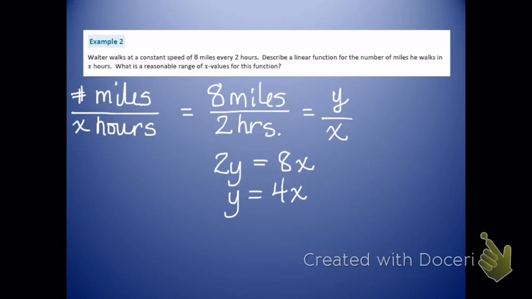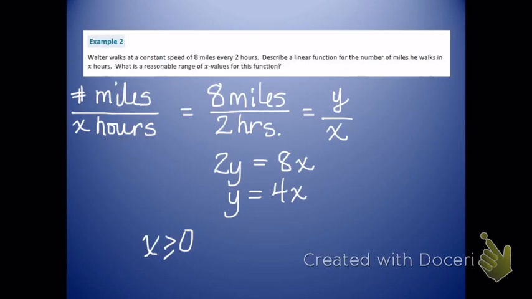Okay, so the second part of this says, what is a reasonable range of x values for this function? Well, certainly x is going to have to be greater than or equal to 0.